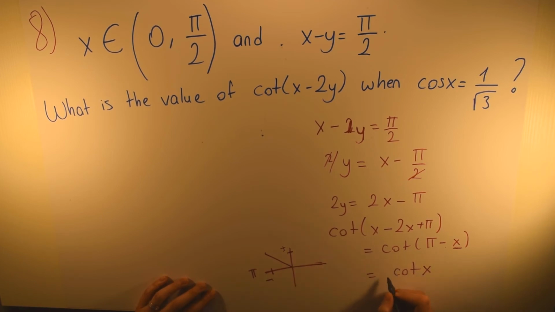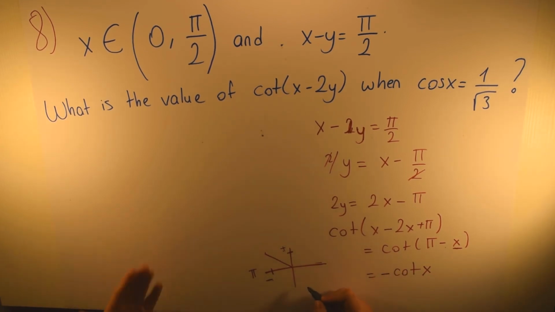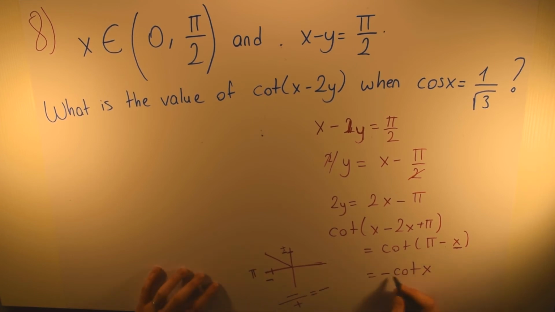So it is equal to minus cotangent x, because cotangent is equal to cosine over sine. And here our cosine is on the negative side and our sine is on the positive side, right? So it's minus over positive, it will be minus. That's why it's minus cotangent x.